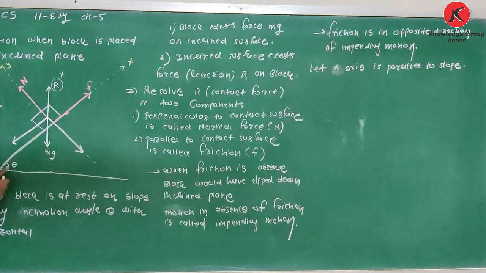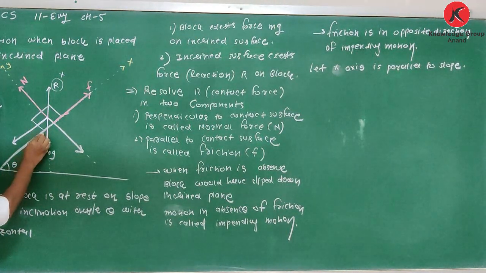This angle is theta. This angle is 90, so obviously this angle will become 90 minus theta. Yes or no? Clear about this? Here I will write it is 90 minus theta.